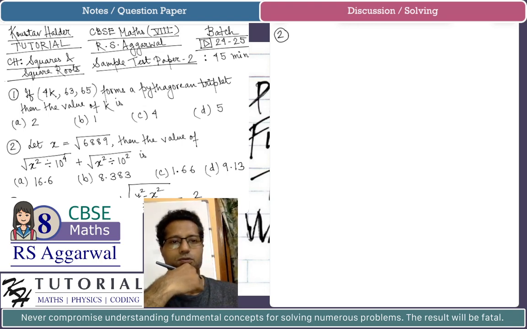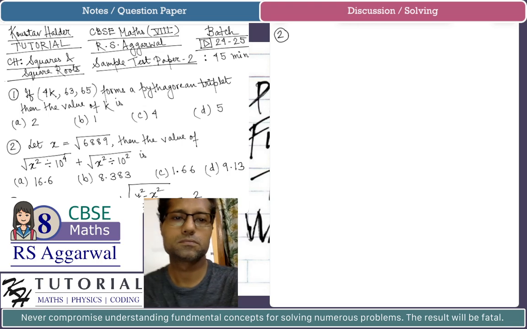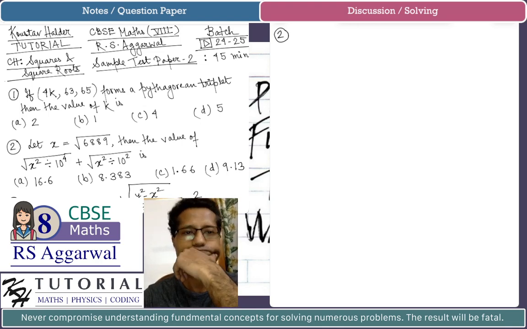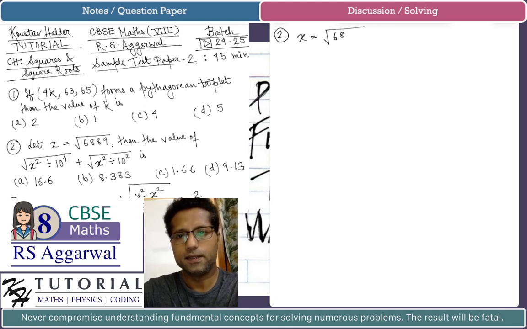Now it is given that x is equal to square root of 6889.